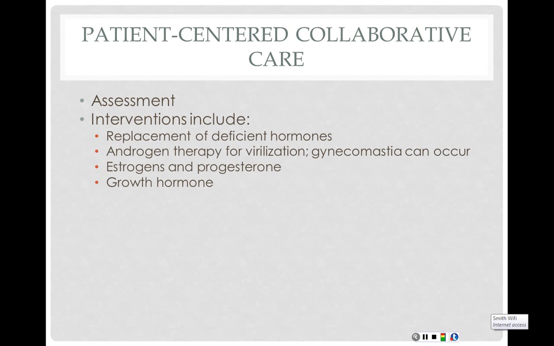When we talk about replacing hormones, though, gynecomastia can occur. If this is a woman, we can give estrogen and progesterone therapy. And if the person has a decrease in growth hormone, then we are going to give the person exogenous growth hormone, or somatostatin.